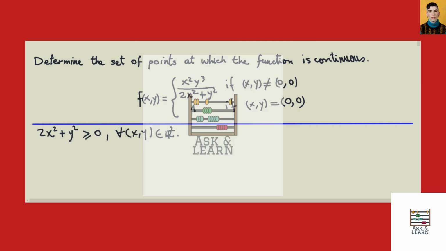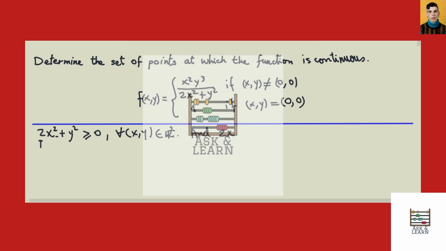In fact, because the two terms we are adding are both non-negative, the only way that the sum can be 0 is that both terms are equal to 0. And because 2 is not 0, that means that x squared and y squared must both be equal to 0, and that means that x and y are both equal to 0.